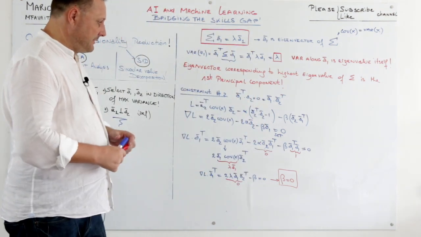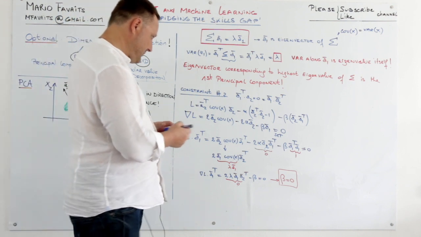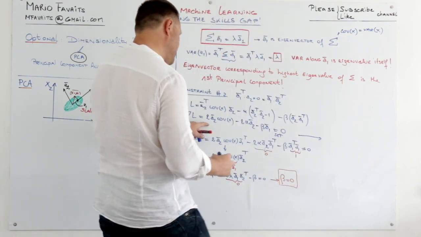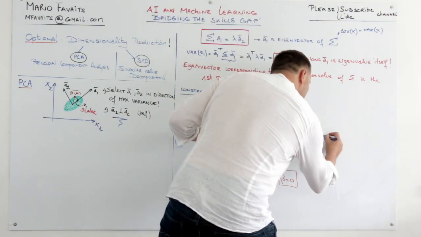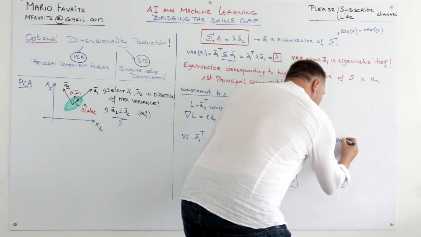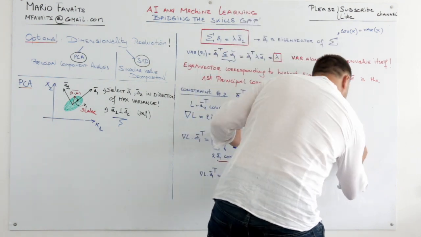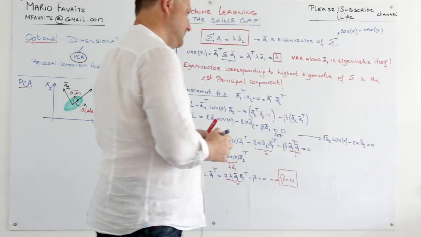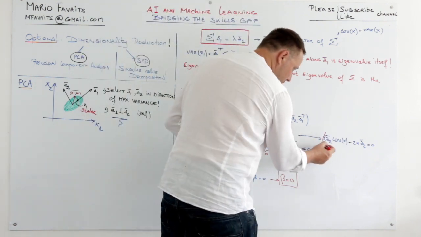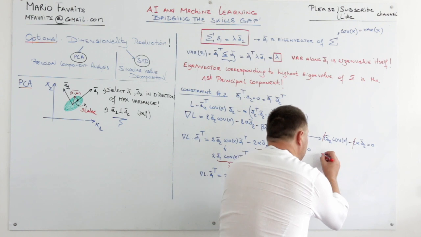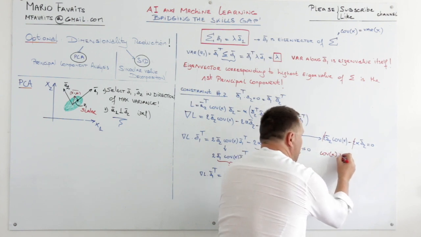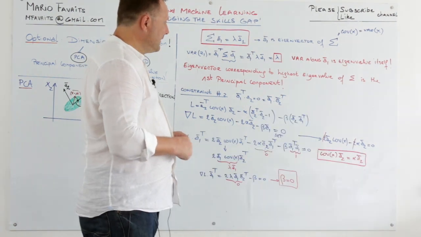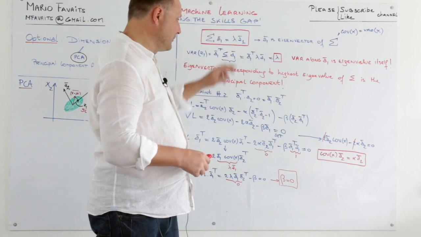Okay, so now that we know that the beta is 0, we're gonna put it in this equation. So this equation becomes 2A2 covariance X minus 2 alpha A2 equals to 0. So we can take the 2's away here, and here we have that covariance of X A2 equals alpha A2. So okay, this is the same as this formula.